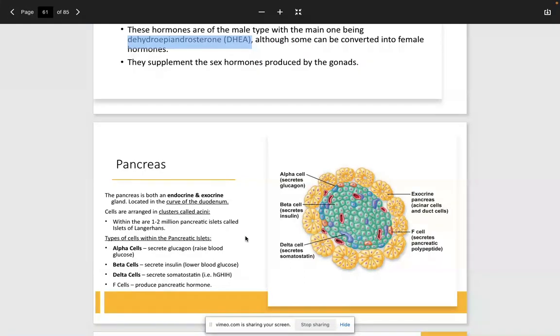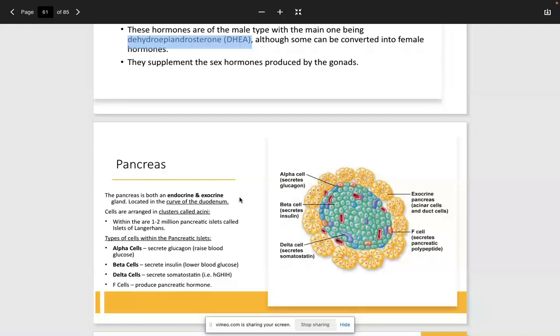Going back to what the text says, the pancreas is both an endocrine and an exocrine gland. Do you guys remember from the very first portion of this endocrine lecture the difference between endocrine and exocrine function? Well, endocrine is responsible for secreting hormone into the blood, through the interstitial fluid, whereas exocrine secretes it through a duct.